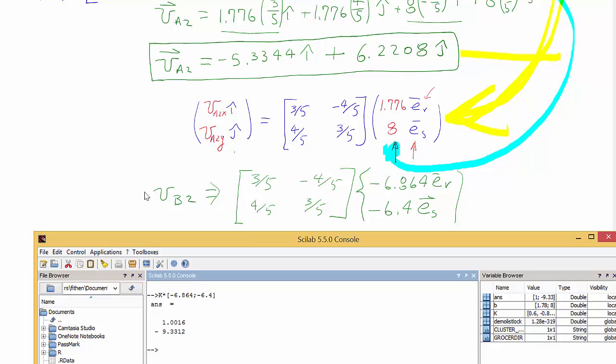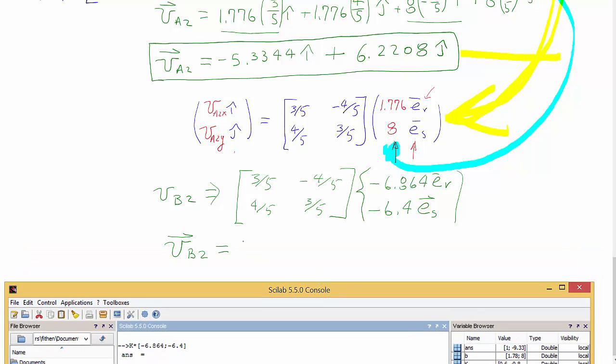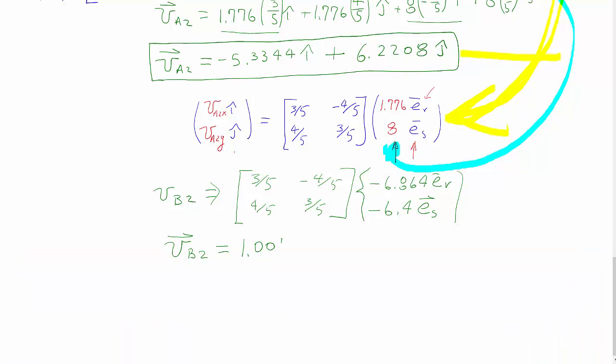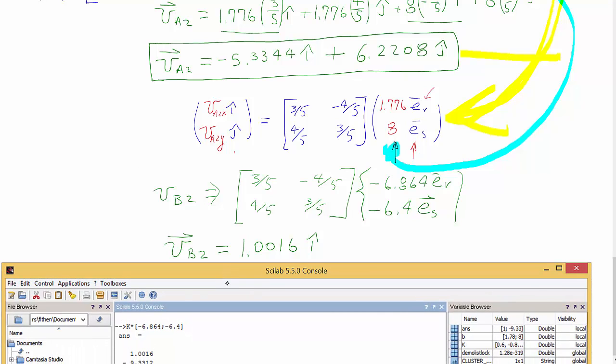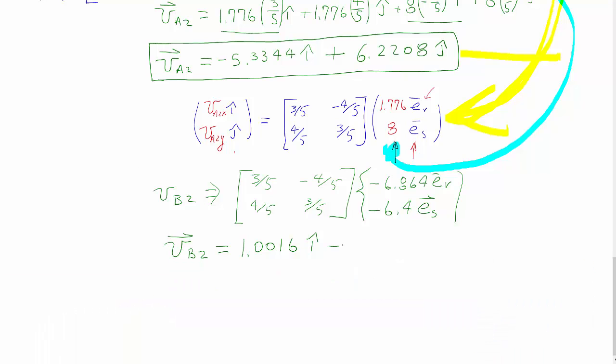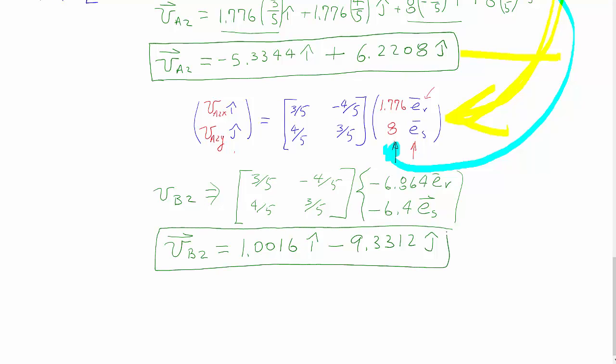Means I get a 1.0016 I and minus 9.3312 J. So there's my answer for the second one.